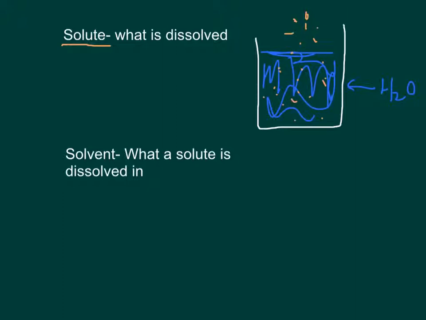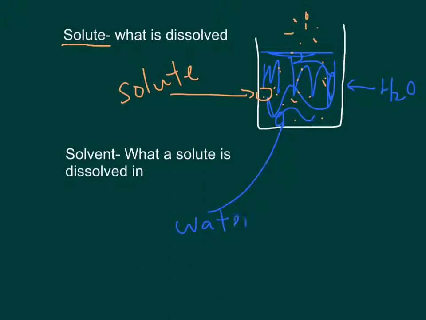In this case, these little things are the solute. So it's what's dissolved. And then a solvent, in this case, is the water. It's not always a solvent, but sometimes it is. So we have our solute and our solvent.